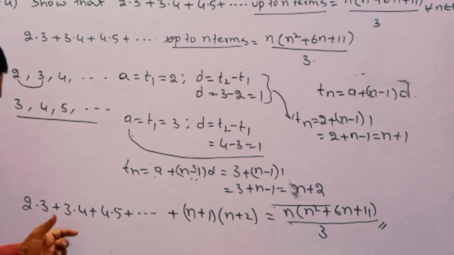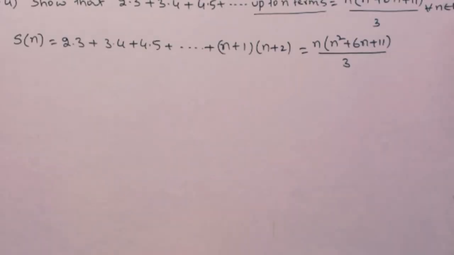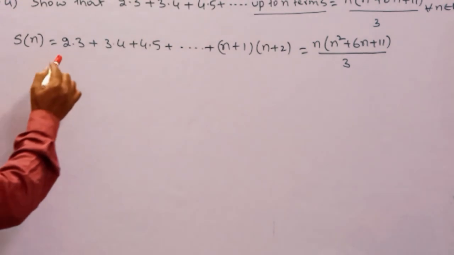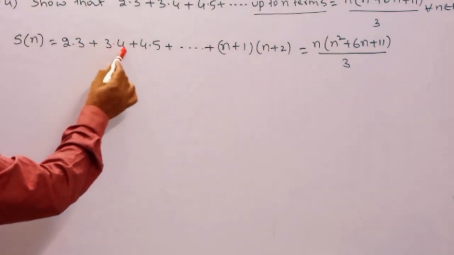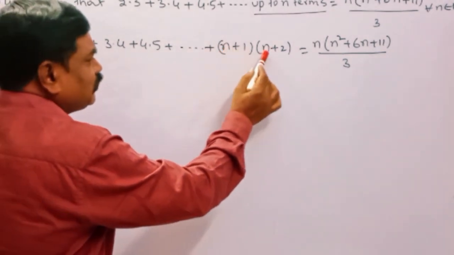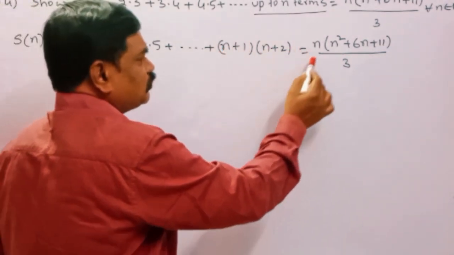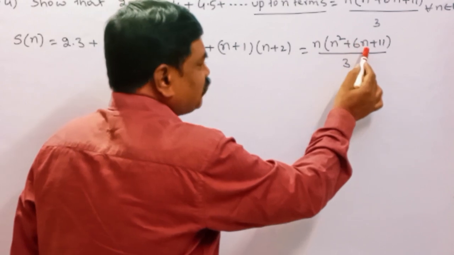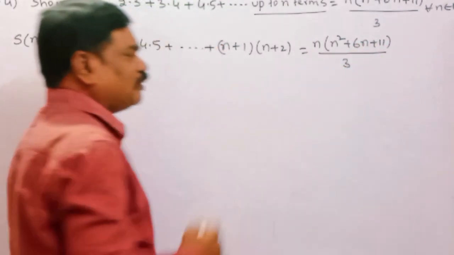Then we have to prove this problem. Rewrite the given statement: 2 into 3 plus 3 into 4 plus 4 into 5 plus so on plus n plus 1 into n plus 2 is equal to n into n square plus 6n plus 11 by 3.